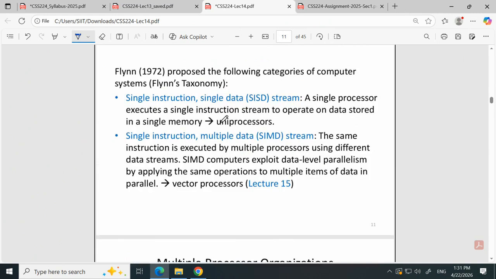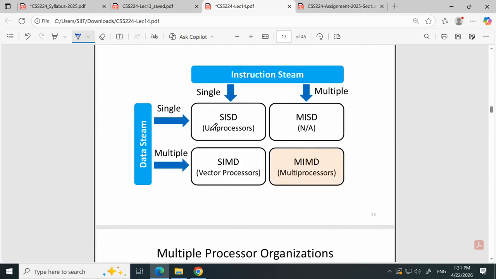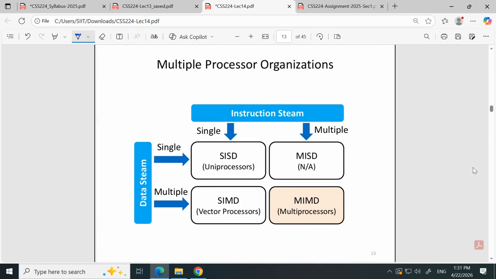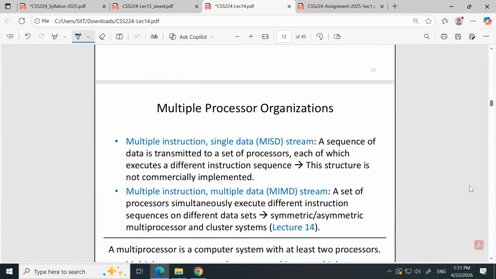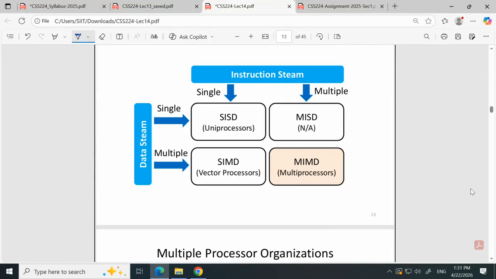You will understand all of them very easily once you take a look at this. You can get back and read them later. I want to tell you about this picture. Data stream. Instruction stream. What are they? Let's do it one by one.